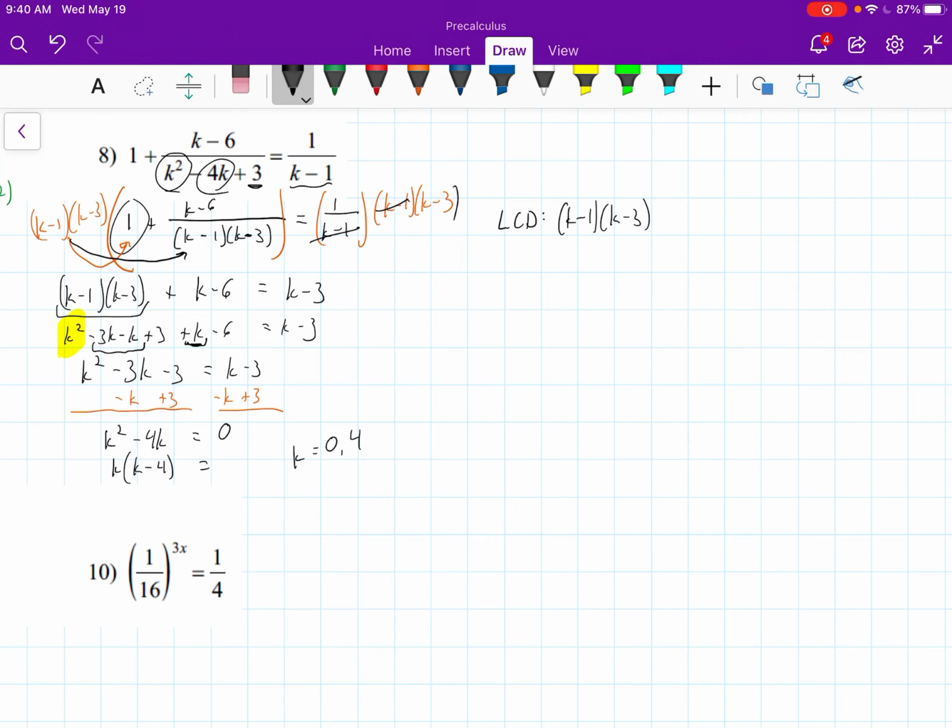Putting 0 in here makes that negative 1, so it didn't make the denominator 0, so 0 is okay. And then checking 4. Putting 4 in here would be 16 minus 16 plus 3. That works out. And 4 minus 1 is 3. So our answers are 0 and 4.